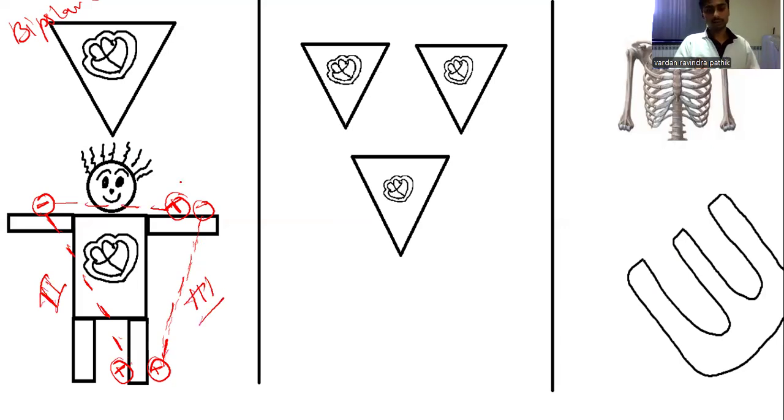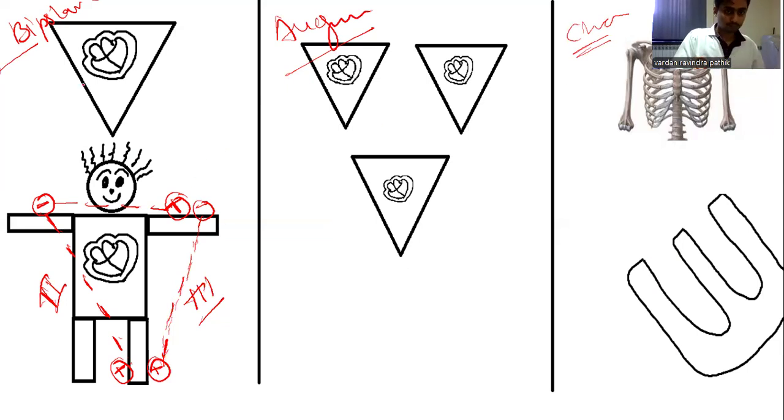Now let's see. In this triangle, we have some views. Bipolar and augmented leads will give you the frontal view, and our chest or precordial leads will give you the horizontal or transverse view of the heart.